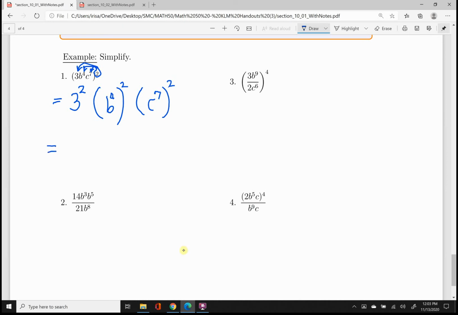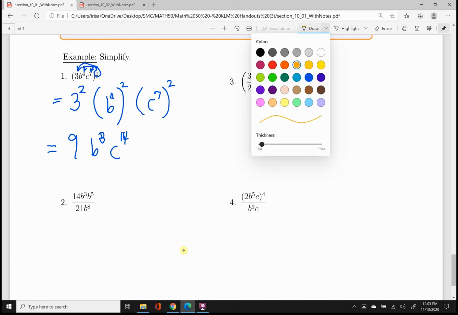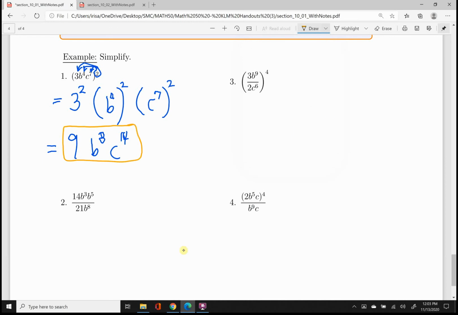I will do all of that in addition to taking the 3 to the 2nd power to its eventual value of 9, and this will be b to the 8th power and a c to the 14th power. Okay, there we go. A little bit sloppy, but I think you guys get the notion there. All done there.